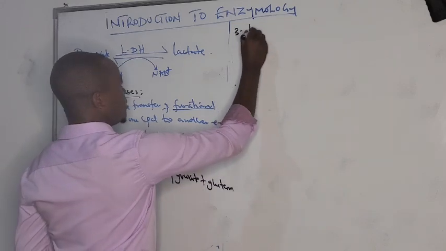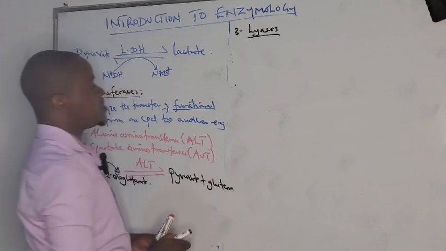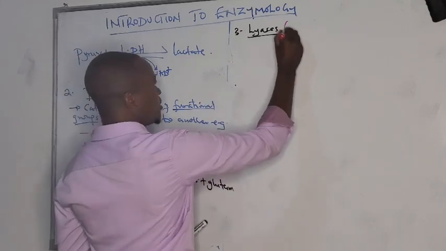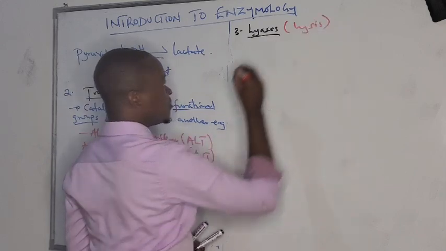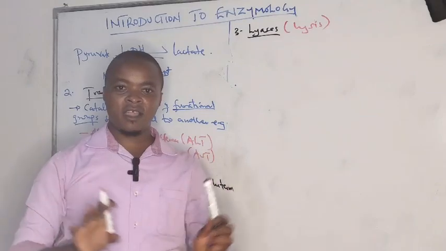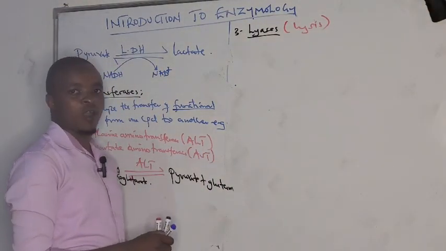Lyases is number 3, and the name comes from the word lysis, whereby lysis means breaking down. So what Lyases do is break down compounds.